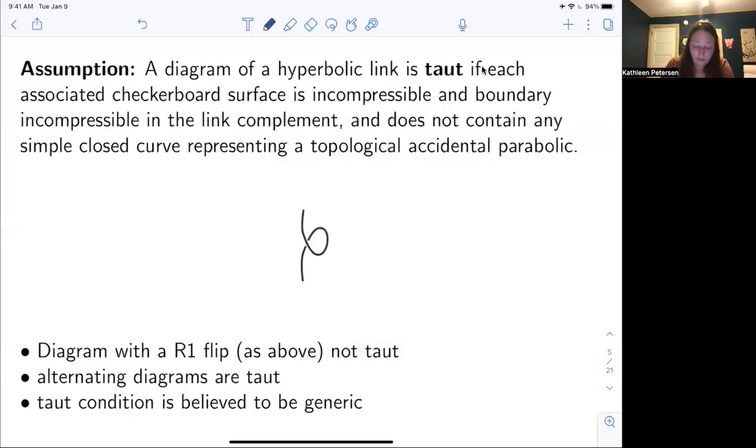Here's a kind of silly example of a non-taut diagram. And one way to see that this is not taut is that if we take this little arc here, then this little arc can be pushed onto the boundary of a neighborhood of the knot complement. It's known that alternating diagrams are taut. So we'll just be assuming that our diagram for our knot is taut.